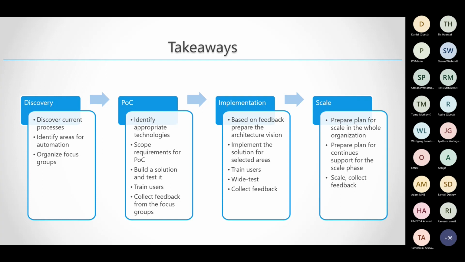And do not forget to collect feedback from your users and testers to understand how to adjust and apply any changes to your project. And the last but not least phase is scale: how to scale this project to the whole organization, how to support it, and how to maintain it across the whole organization.